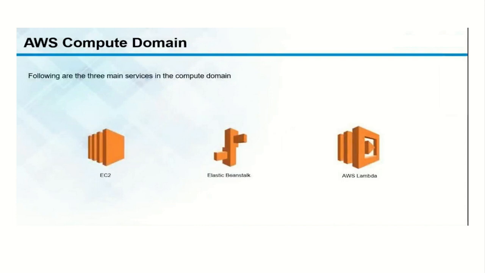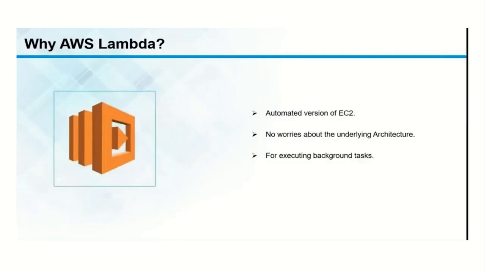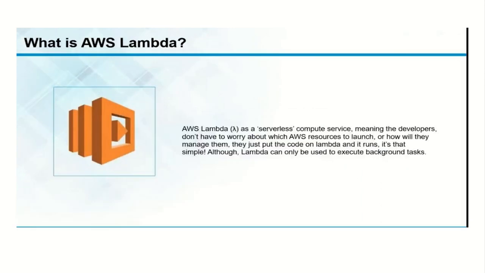But then let's go to the definition part and see what AWS Lambda actually is. According to its definition, it is a serverless compute service, because we are not choosing the server, right? We are not choosing what kind of resources we want in our server. It's a serverless compute service. We just upload our code and the code is executed.